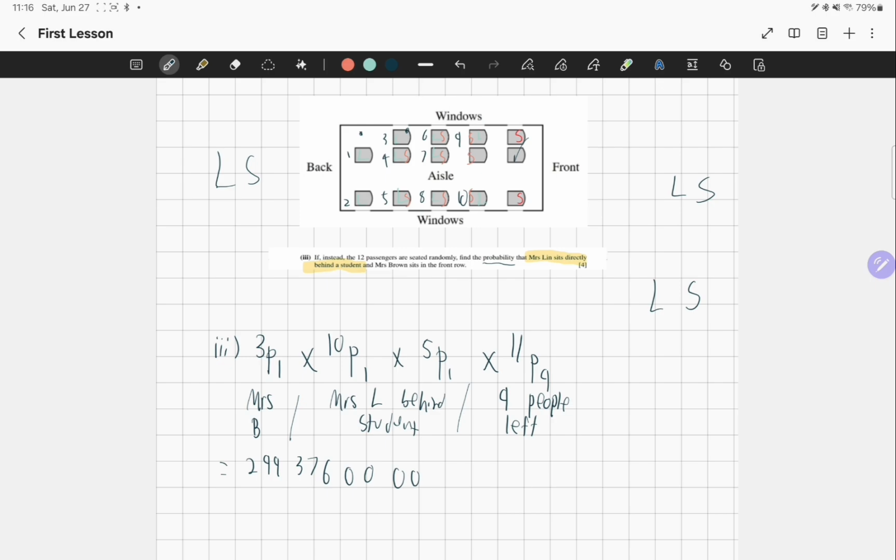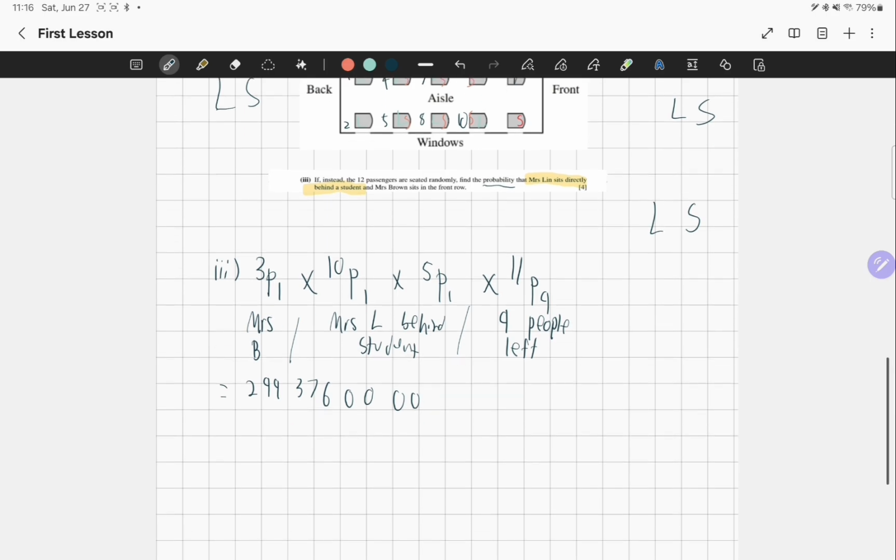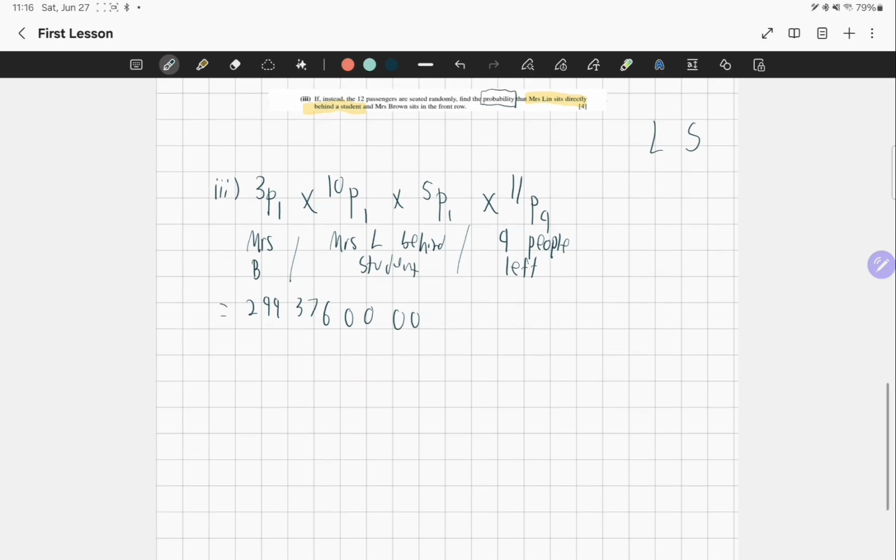But this is not the answer, because note that it says probability.